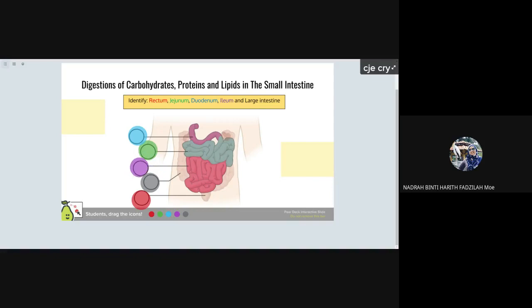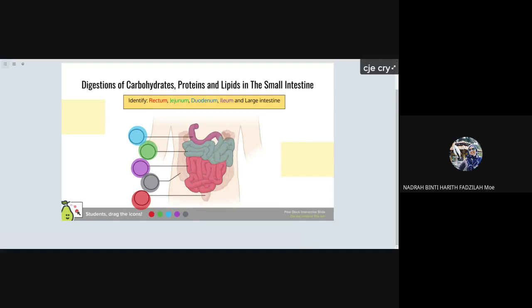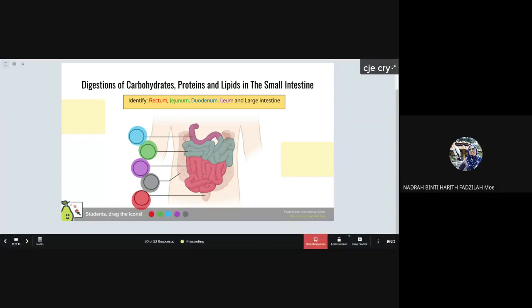Biru, hijau, purple, and then large intestine, followed by rectum. Bawah sekali merah. Alright, thank you Zafira for your answer. Very good. Okay, sekarang kita dah kenal the structure of intestine.